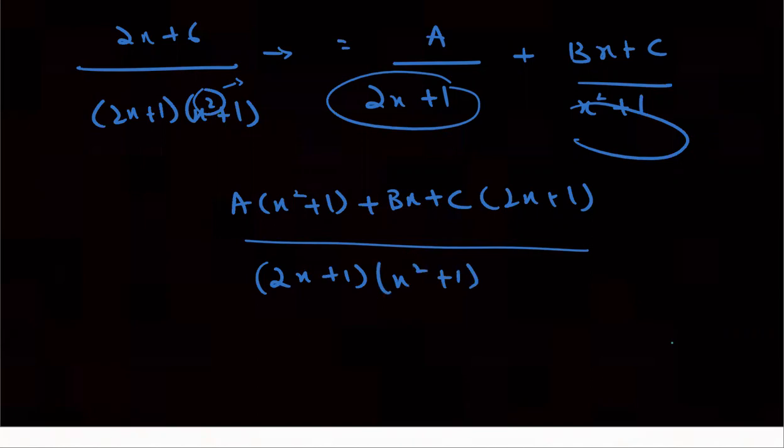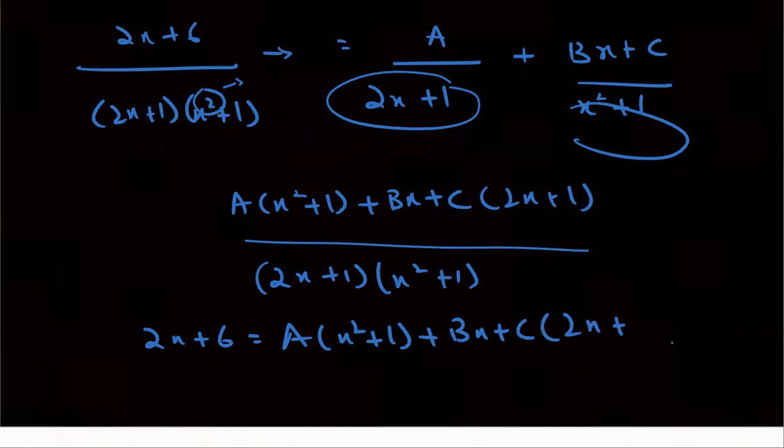Solving it further, we are left with 2x plus 6 is equals to a into x square plus 1 plus bx plus c into 2x plus 1.